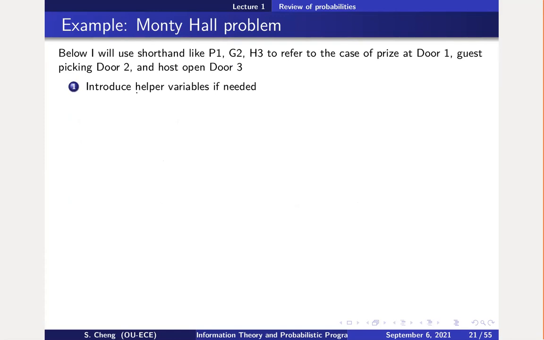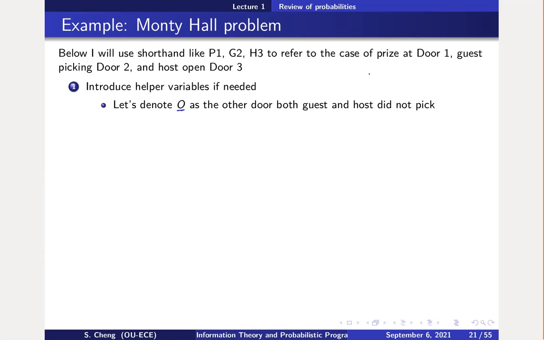Now I first introduce some helper variables if necessary. I call it O, the other door. This other door is the one both the guest and host did not pick. Or let's see, this may not be a good definition. Oh yeah, that's okay, because that's exactly the other door.